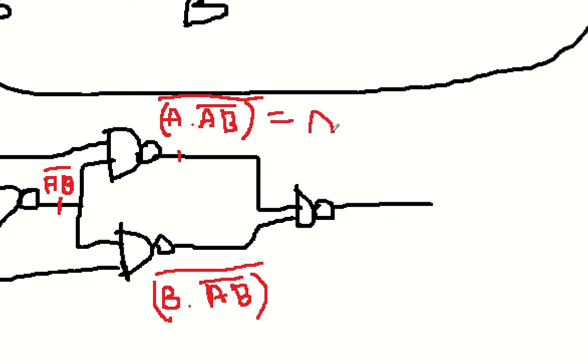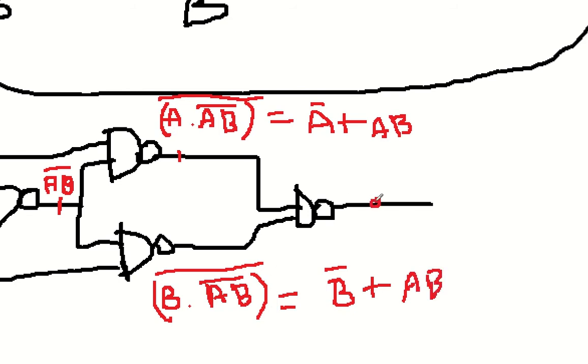So A bar plus AB whole bar, isn't it? If you apply De Morgan's here, it becomes AB. Similarly, if you simplify this one as well, you are going to get B bar plus AB whole bar, which means AB, isn't it? So here you are going to get the output. Let's say Y is your output.